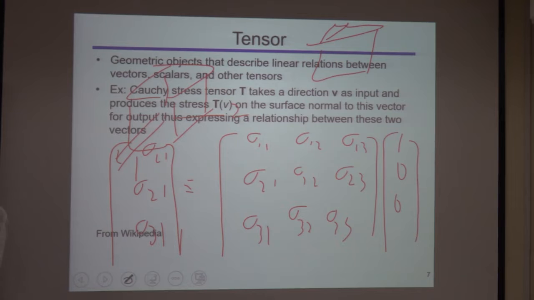It's just a symbol. So sigma 1,2 equal to sigma 2,1. Sigma 1,3 equal to sigma 3,1. Sigma 2,3 equal to sigma 3,2. For shear stress, we can change the subscript. Their values are the same.